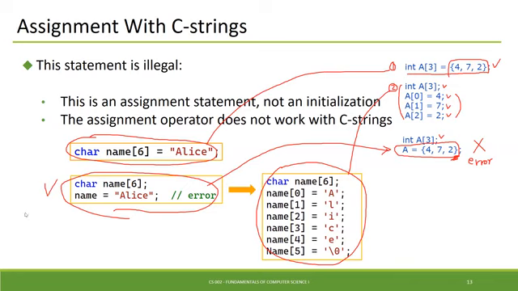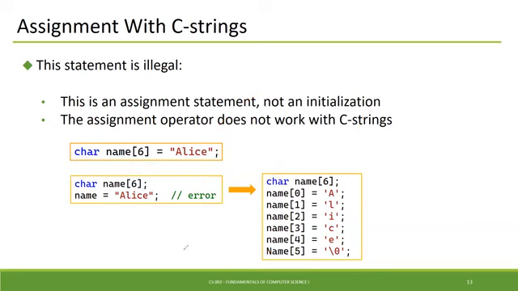There is a question about this. If you don't have this one, what is the problem, you think? No null, right? So the computer does not know when it stops printing.